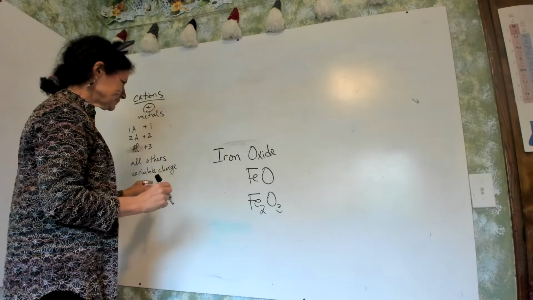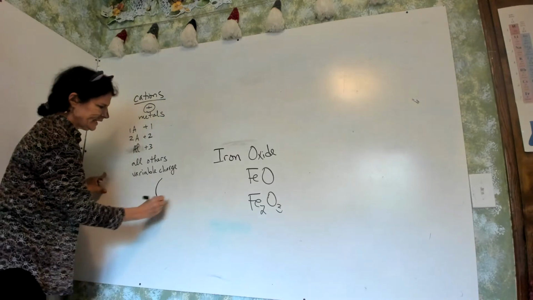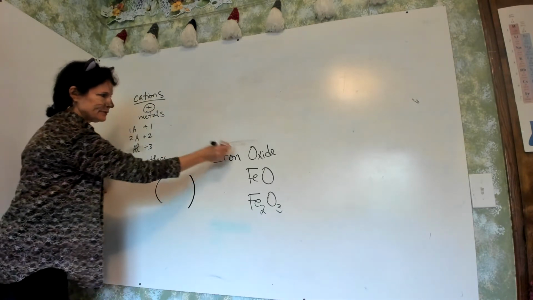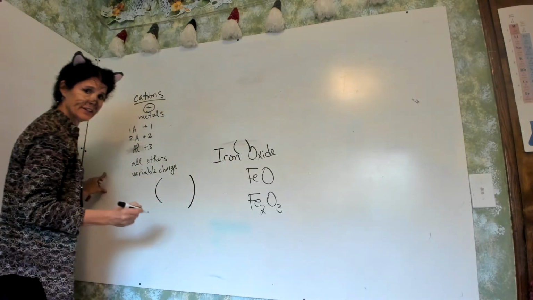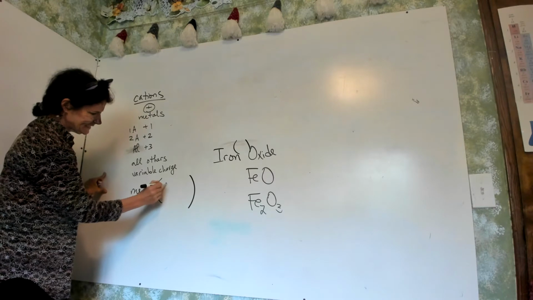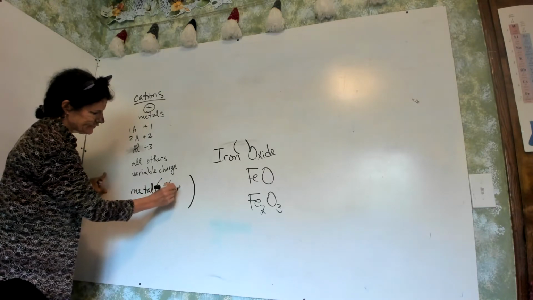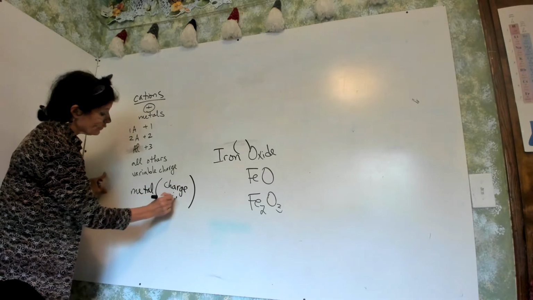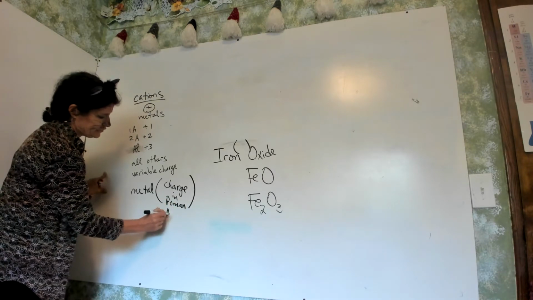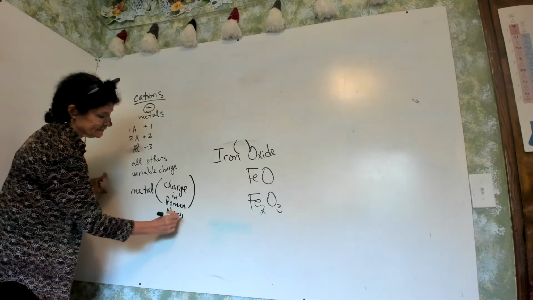So what happens when they have a variable charge is you use parentheses. And in the parentheses, which is going to go right here, so you say the metal, and the parentheses is going to have the charge. In Roman numerals, I don't know why. It's just how it's done.